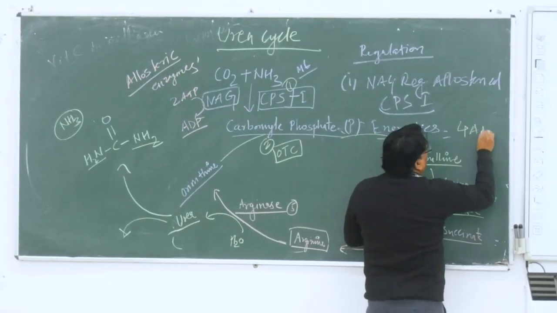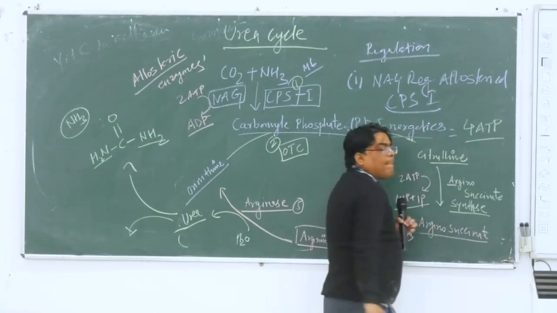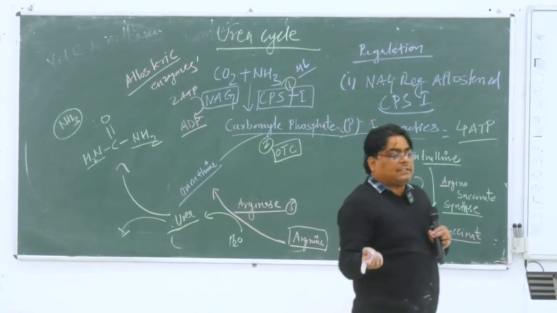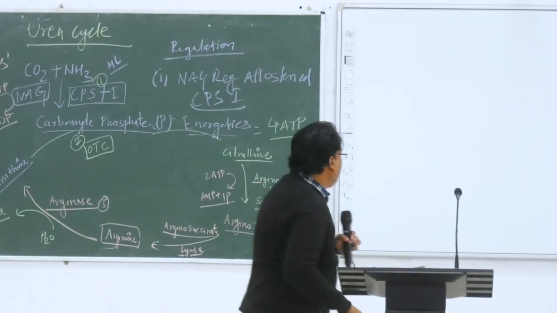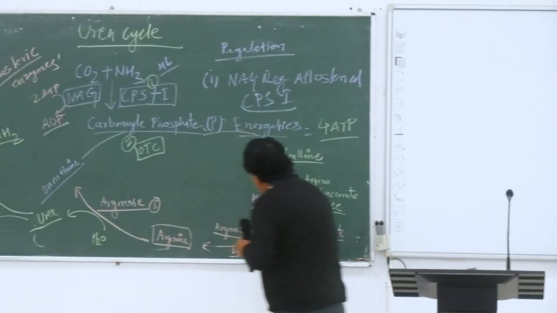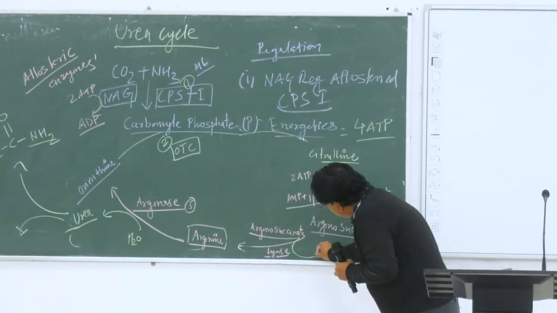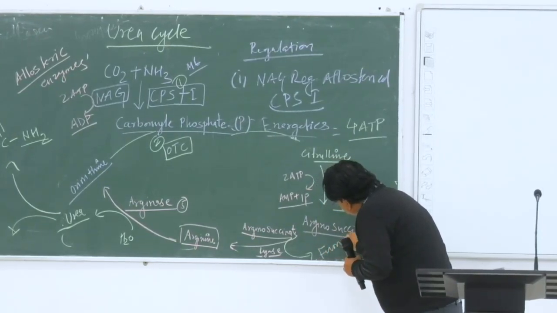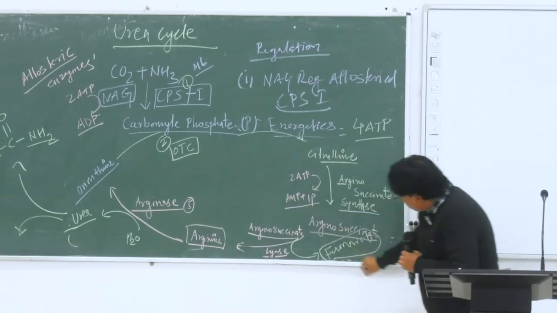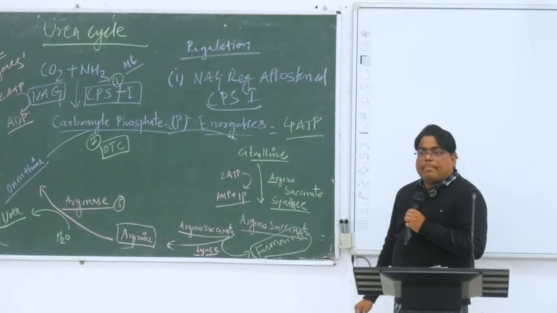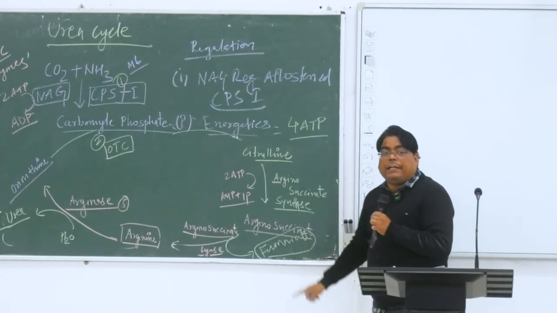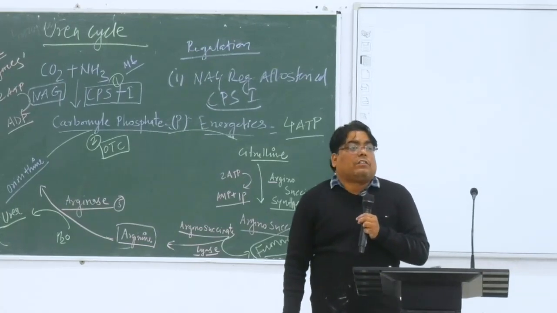But in this step from arginosuccinate, there is removal of one important biomolecule, fumarate. And this fumarate forms a substrate for the TCA cycle called oxaloacetate.